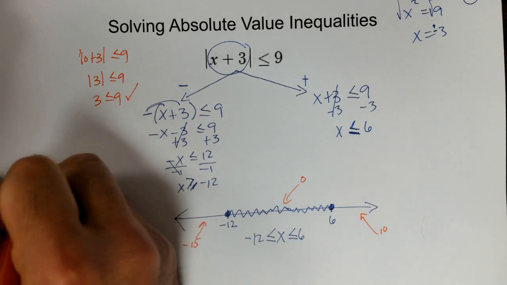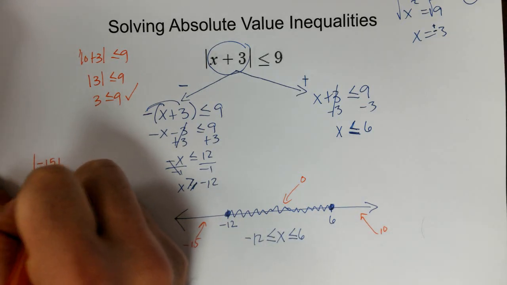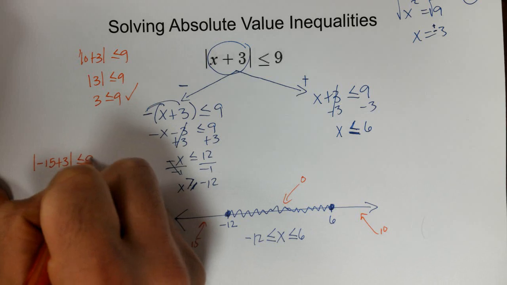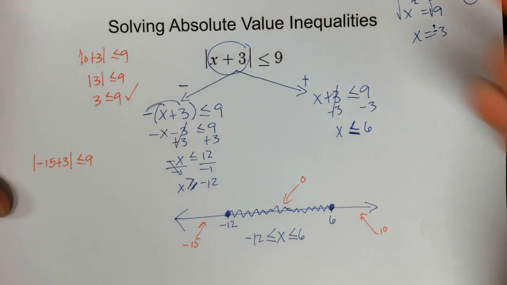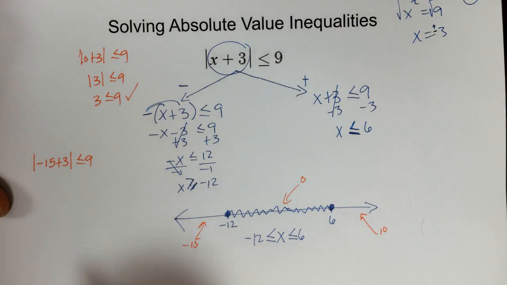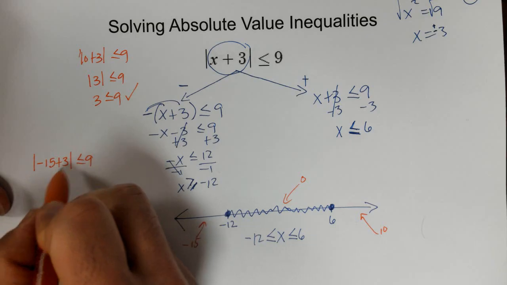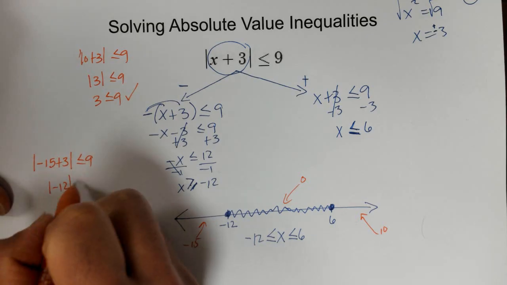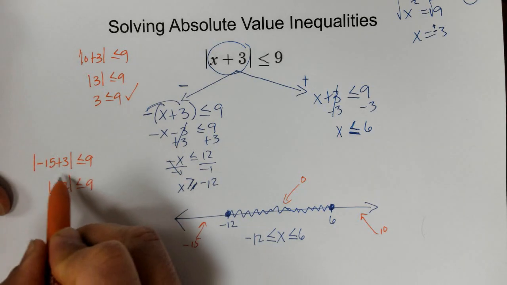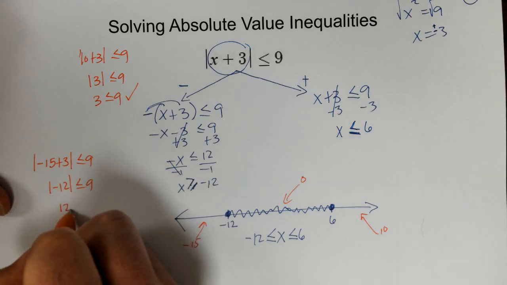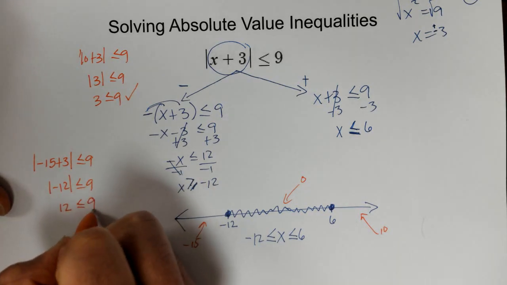I can plug negative 15 into the inequality. Negative 15 plus 3, is that less than or equal to 9? I'm plugging everything into the original one, just to confirm, right? You don't have to do this when you're solving it, but I'm trying to show you why that's the solution set. Negative 15 plus 3 is negative 12. The absolute value of a negative turns it into a positive. Is 12 less than 9?